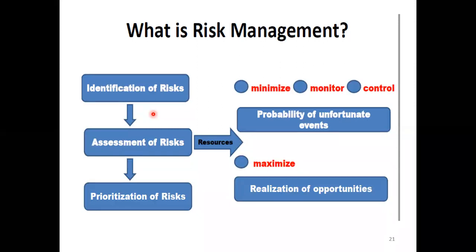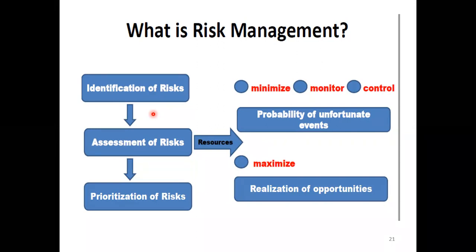Everywhere a risk exists, everywhere risk is out there, right? But the severity of that risk is different. Some kinds of risk affect the organization very seriously, and some affect the organization only at a minimal level.